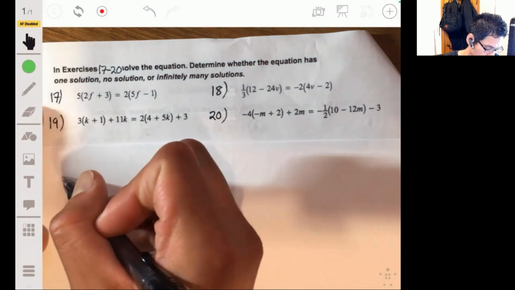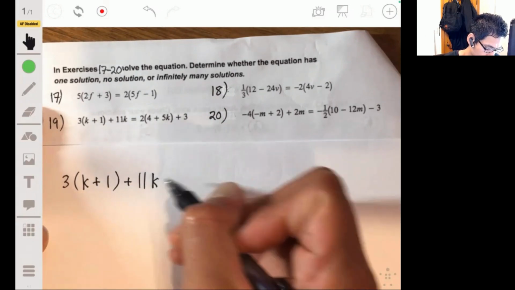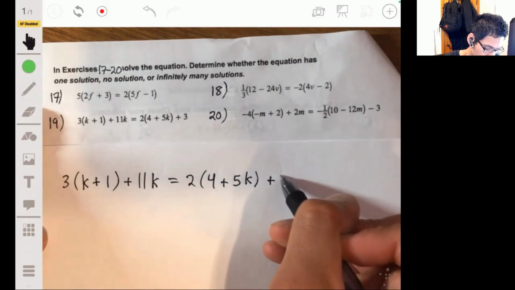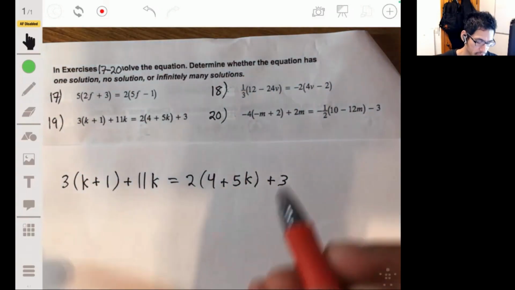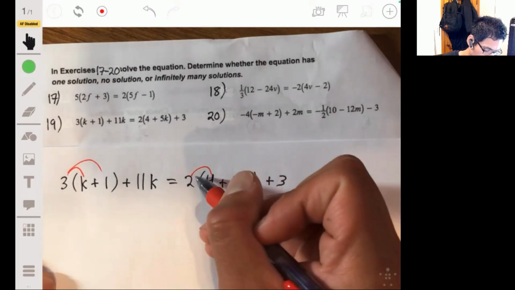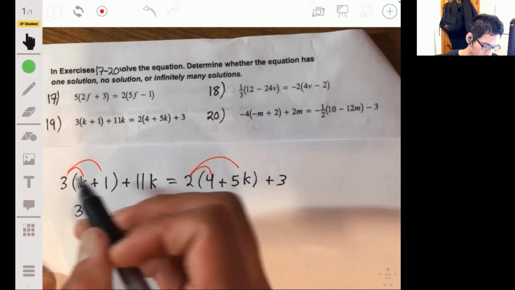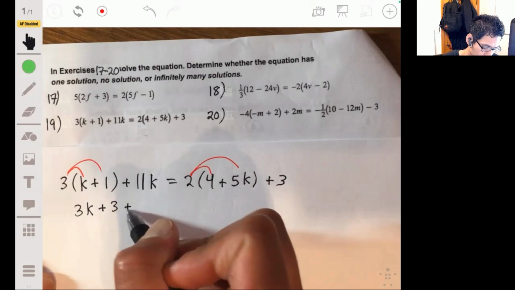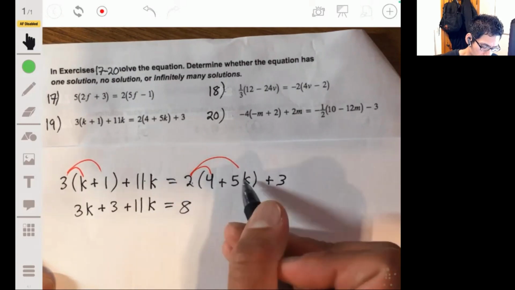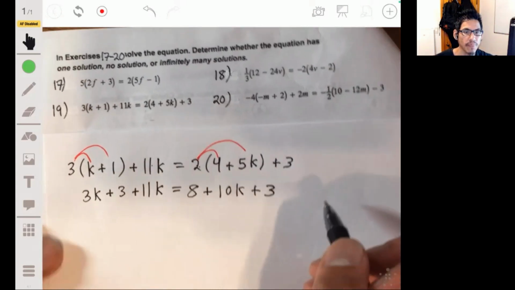Lazy. 19. 3 times k plus 1 plus 11k equals 2 times 4 plus 5k plus 3. Let's make sure we distribute this 3 to the k, 3 to the 1, 2 to the 4, 2 times the 5k. 3 times k, 3k, 3 times 1, 3, plus the 11k is equal to 2 times 4, 8. 2 times 5k is 10k plus 3.